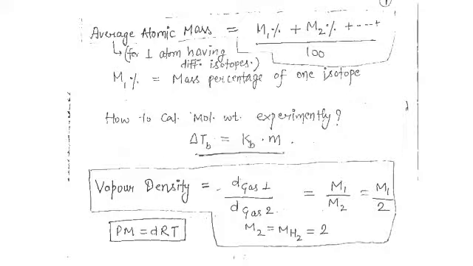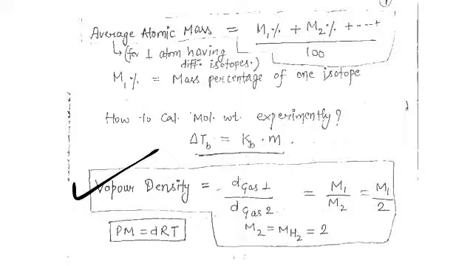Okay, now moving to the second thing, that is the vapor density. Note my point: vapor density is actually a relative term. That is the density of one gas with respect to the density of a second gas. That's why we write d gas 1 upon d gas 2, and when we put the d in terms of PM upon RT, finally we reach M1 upon M2, and for M2 we take hydrogen, whose mass is 2.